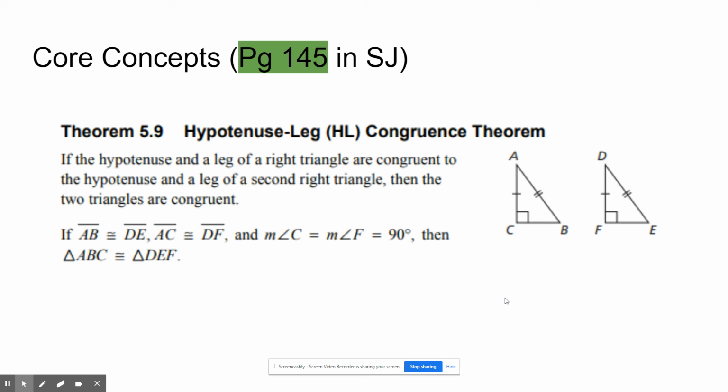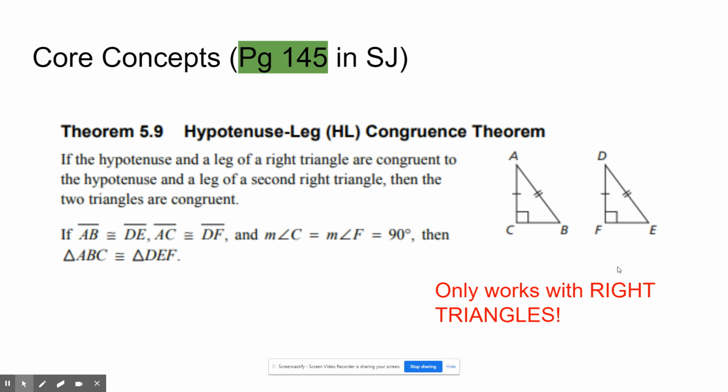And so the hypotenuse leg congruence theorem states that if you have a right triangle where one leg is congruent to the other leg of another right triangle, and the hypotenuse of the first triangle is congruent to the hypotenuse of the second triangle, then you know your two triangles are congruent. Now remember, this theorem only works for right triangles.